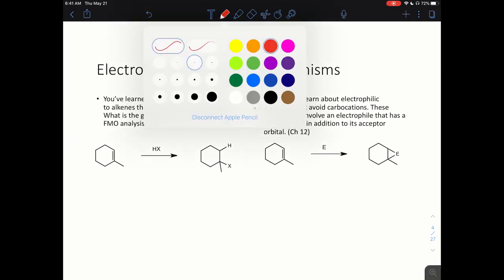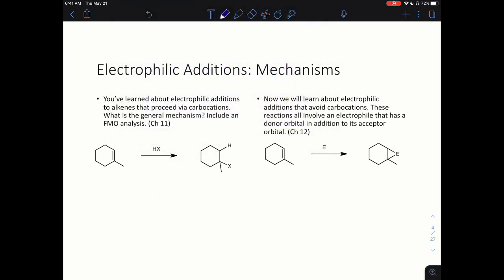So speaking of this big group of reactions called electrophilic addition reactions, we have previously learned about electrophilic addition reactions that proceed via carbocations. Let's recall the general mechanism for these reactions. And if you'd like to stop and try yourself first, I would highly support that decision.